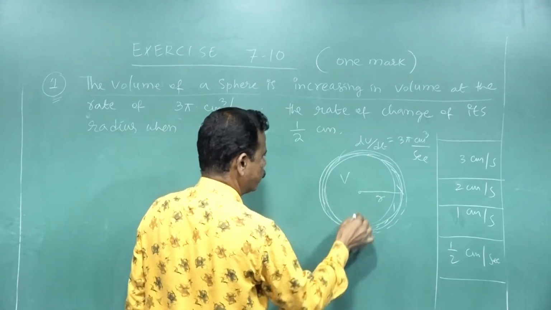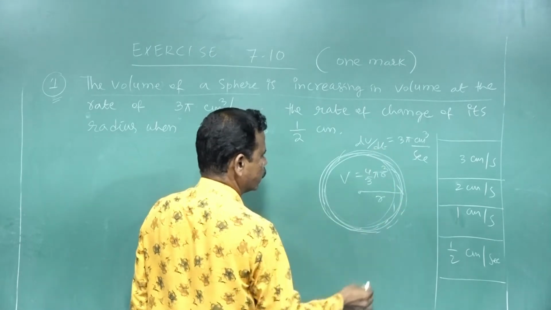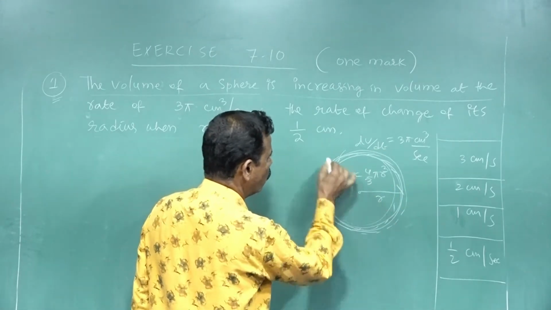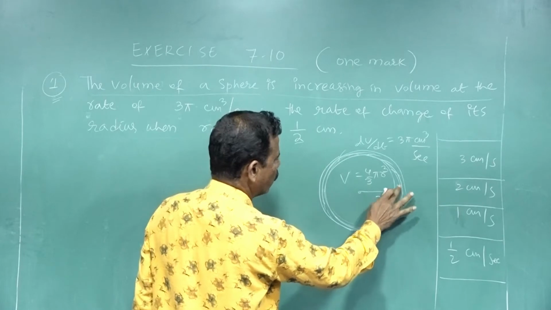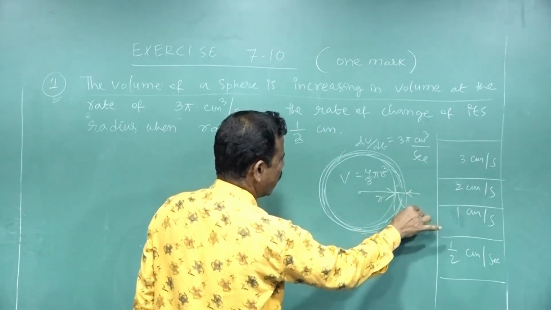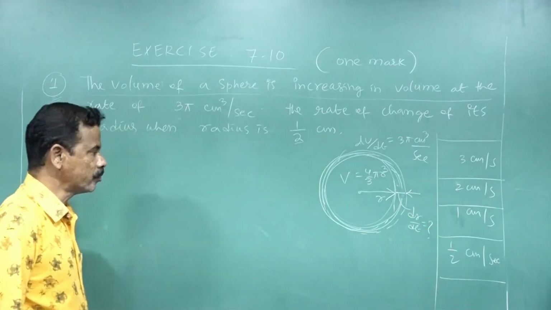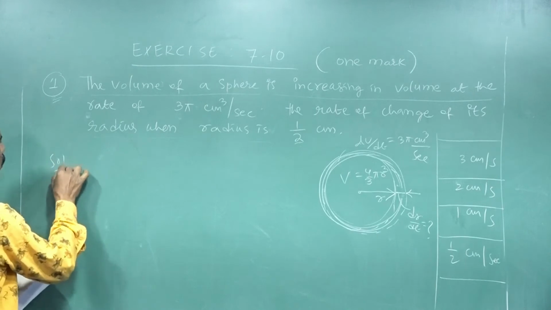The volume formula is 4/3 pi r cube. So if r is equal to 1/2, then how much is dr by dt? This value is what the question is asking.